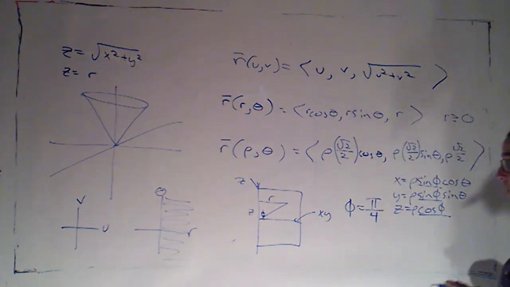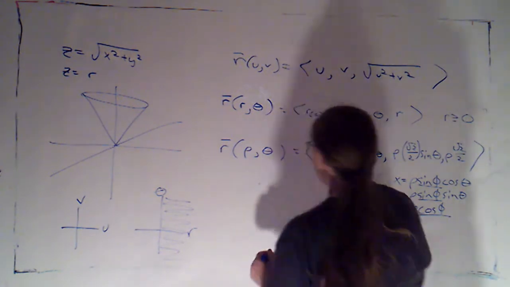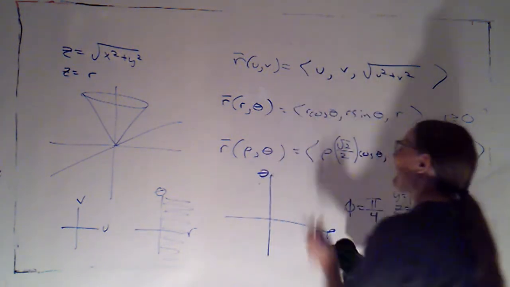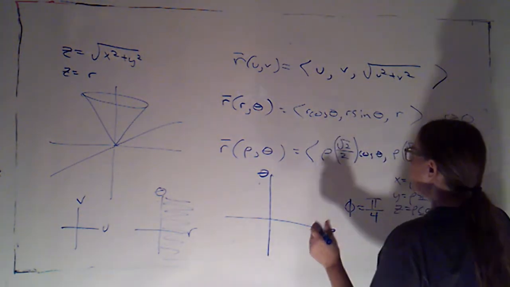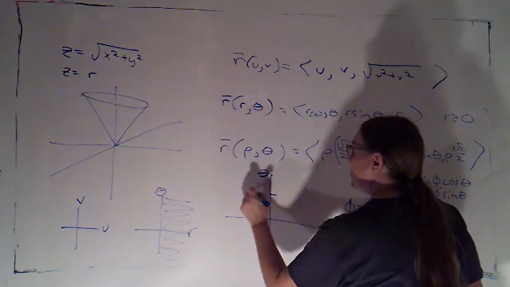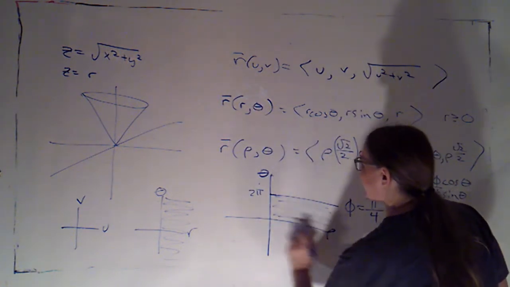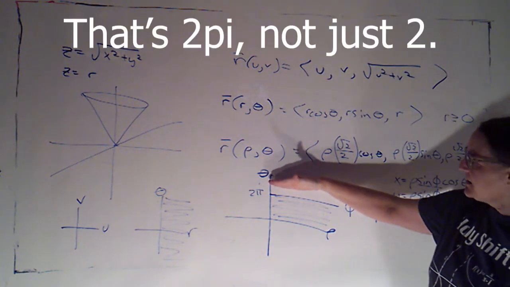For this one, if I looked at the rho theta plane, if I wanted to get the cone once, I'd basically be looking at this infinite rectangle. Let theta vary from 0 to 2 pi.